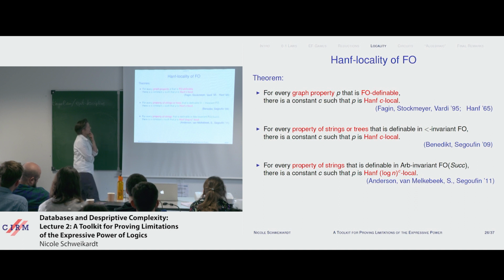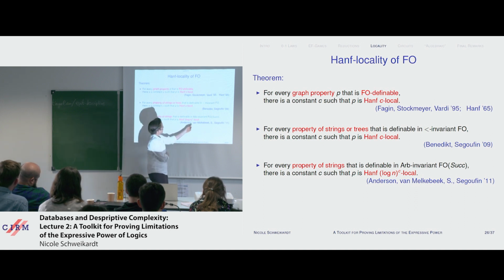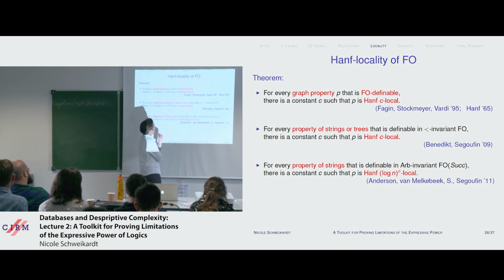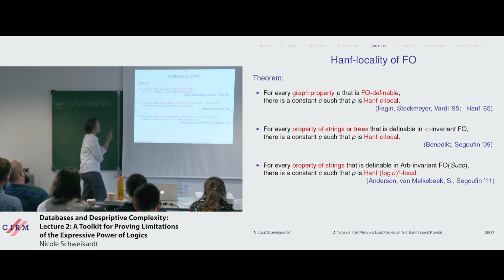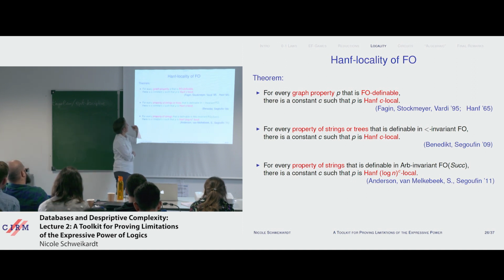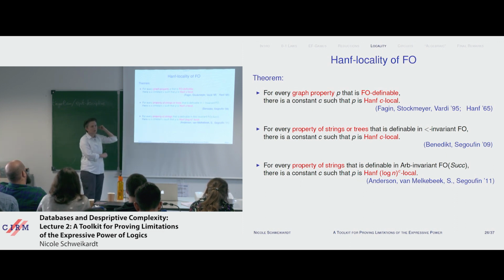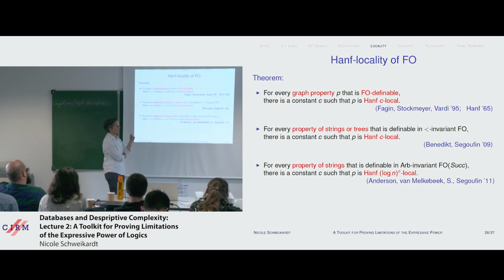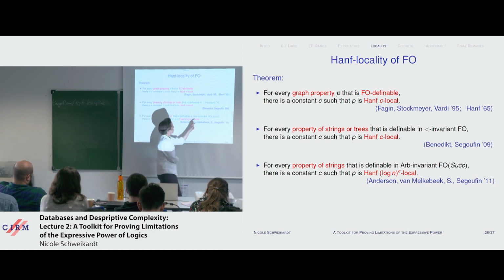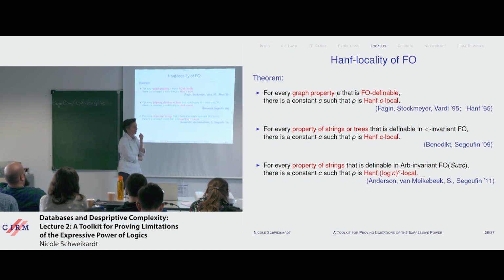What else do we know? That's in the same paper where we showed Gaifman locality up to radius (log n)^c for arb-invariant formulas. But this result looks really weak. If you look at properties of strings, which you represent exactly the way we did in the first part of the talk, so you don't have the linear order, you just have the successor. But now you can use first order logic with the successor, so you can't define the linear order.